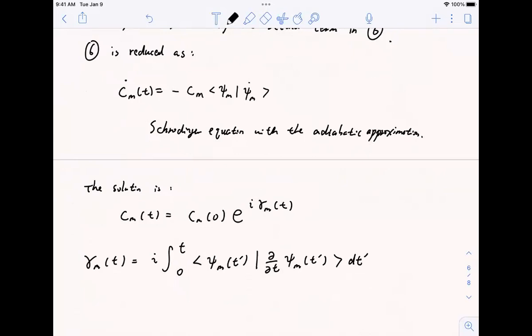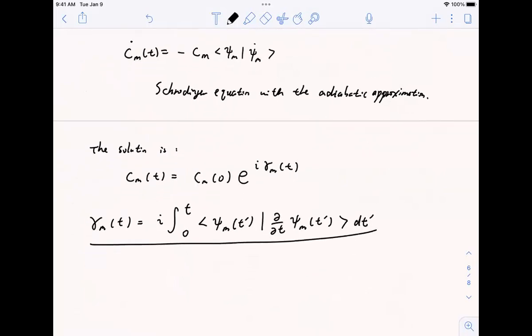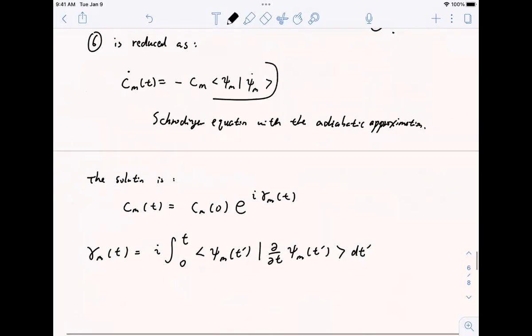When you do the derivative, you take down the phase, and then you remove the integral, this part just comes out, and that will become this constant. So that is the solution.